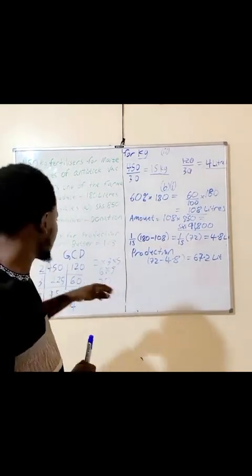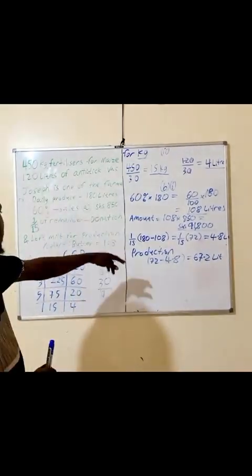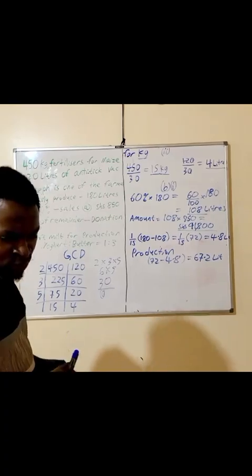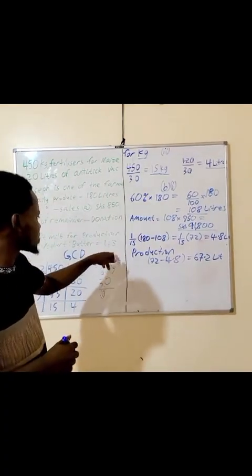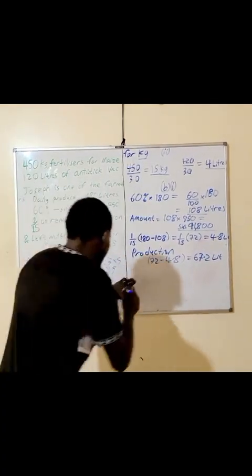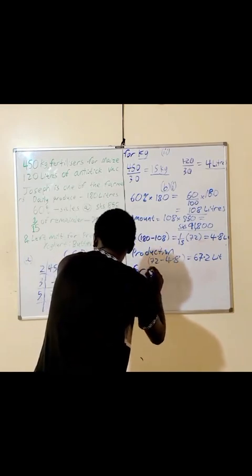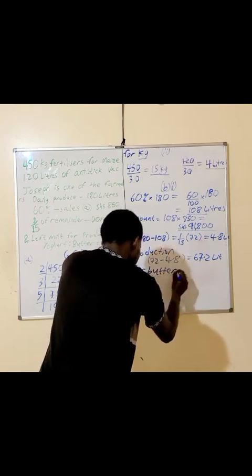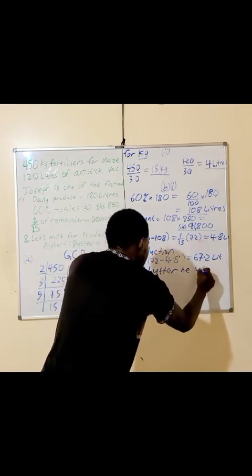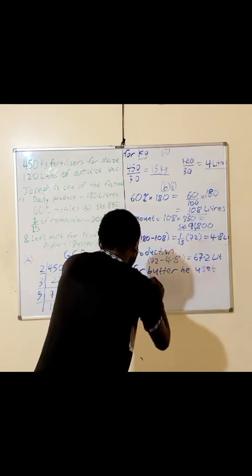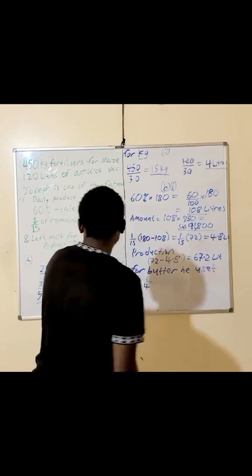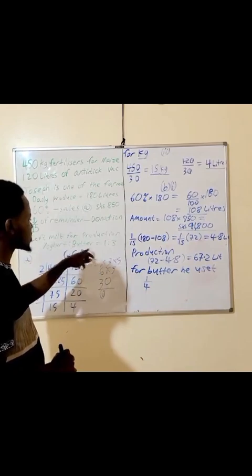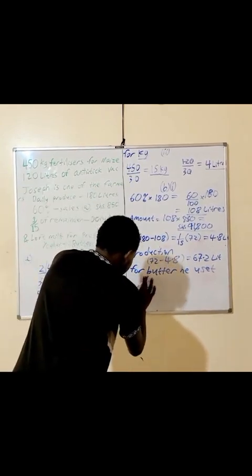So I need to use this ratio to get the amount of liters that he used to make butter, because that's what the question needs. The total ratio is 1 plus 3, which is 4. So for butter, he used 1/4? It is 3/4. If you analyze this ratio, butter takes 3.